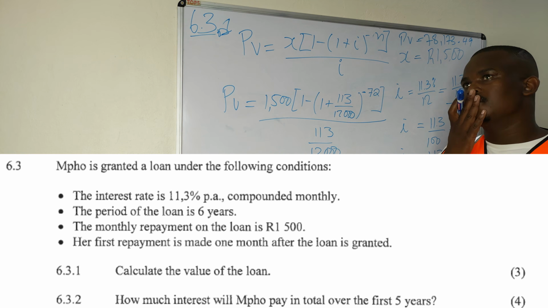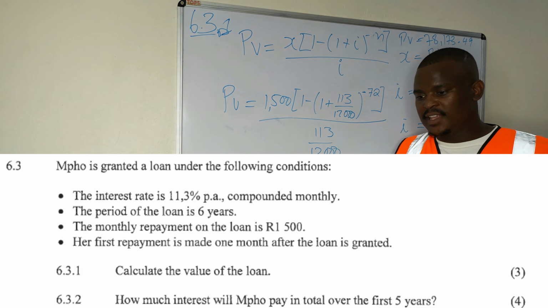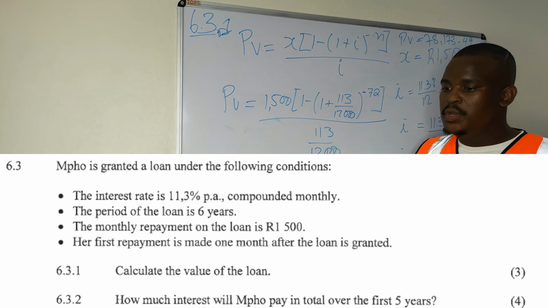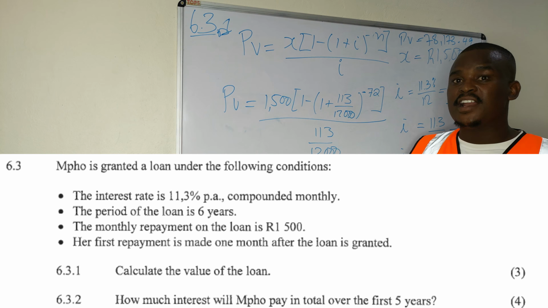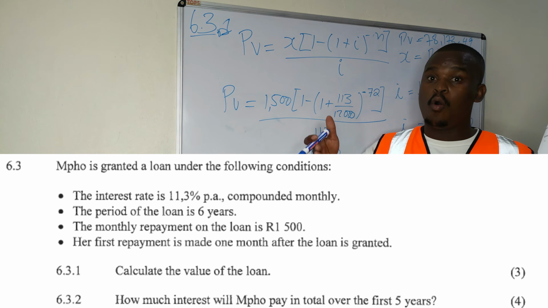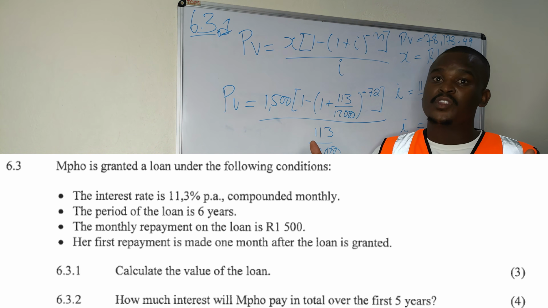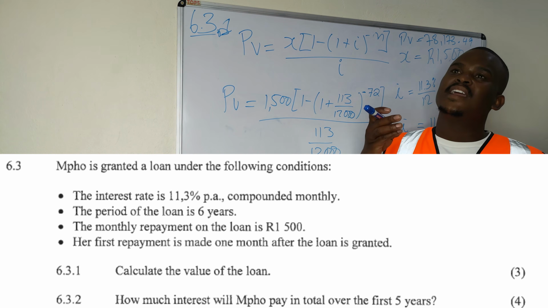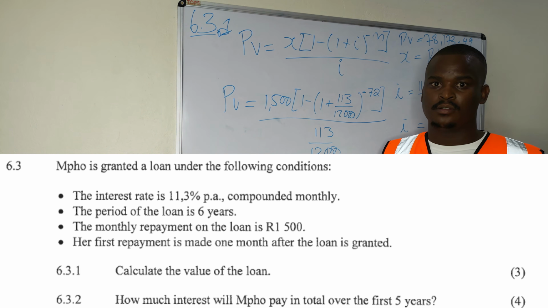To determine the interest that Mpho will pay, you need to find out how much Mpho paid over 5 years, right? The total money that Mpho paid over 5 years. And then from that money, you subtract the amount that he paid off from the loan.